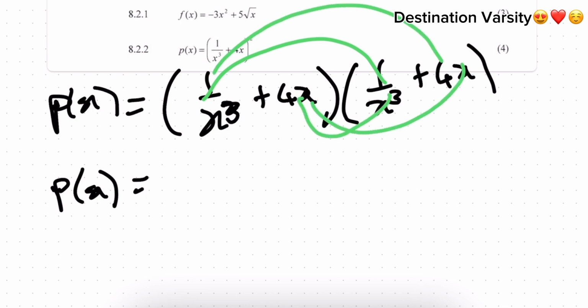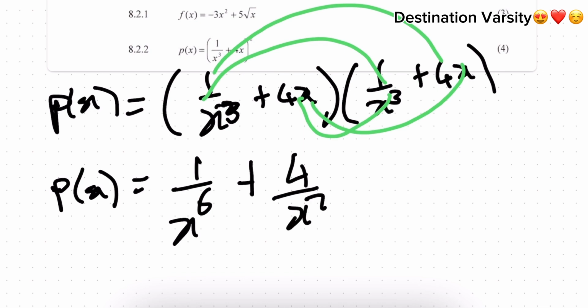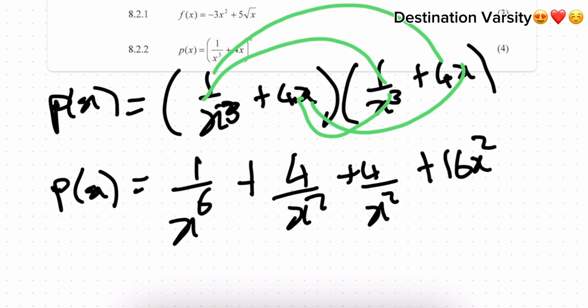Then it will be 1 over x to the power of 6, plus this times this, it's 4 over x squared, plus this times this, it's 4 over x squared, plus this times this, 16x squared.